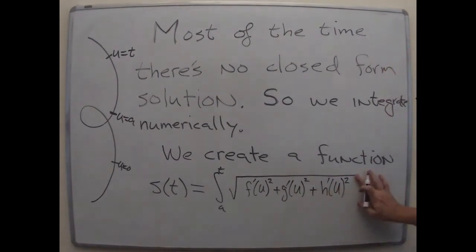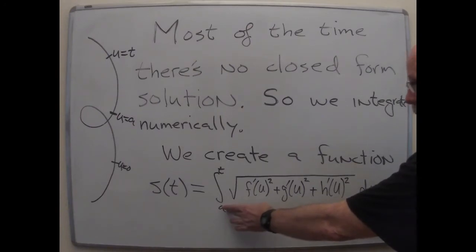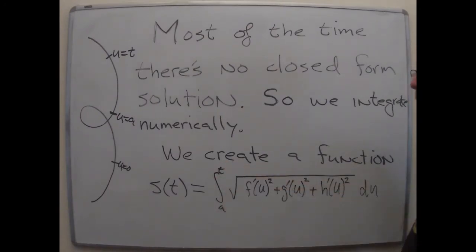I finally made the square root longer than it needed to be. du. u is really only thrown in there to give us a different variable to do the integration with respect to. We're really figuring out how long is the curve between A and the point t.